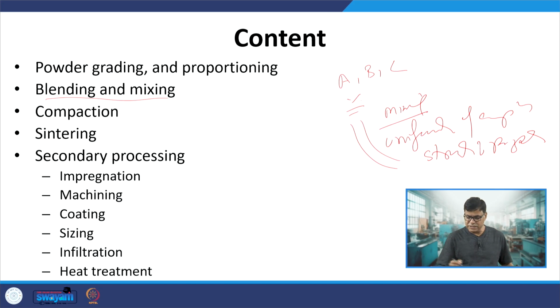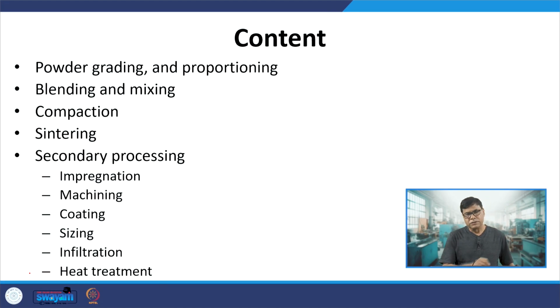Suitable blenders and mixers are used for this purpose to ensure uniformity of the composition, so that the products using powder metallurgy are obtained which are of largely uniform structure and properties.